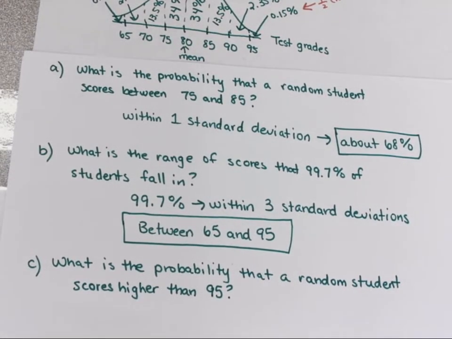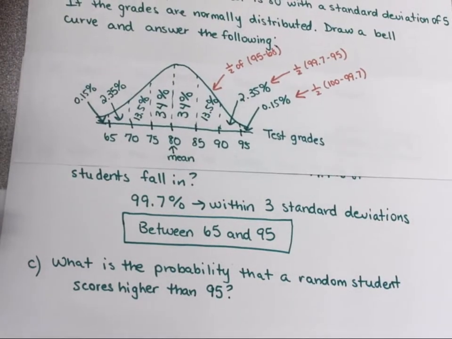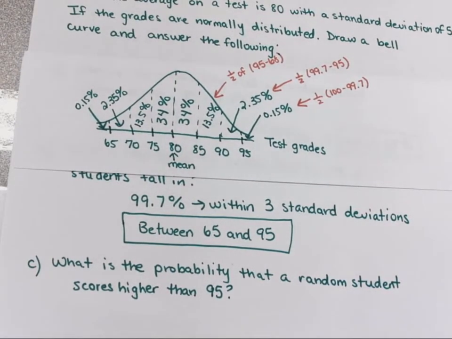Okay, so we already have that worked out, right? So what is the probability that we score higher than 95? I'm going to slide this down a little bit so we can see the graph every time. So what would be that probability? 0.15%, right? So really, really small, okay?